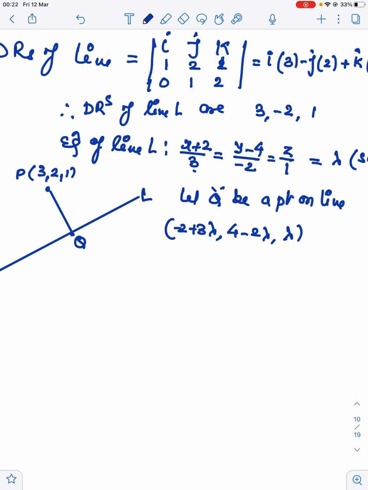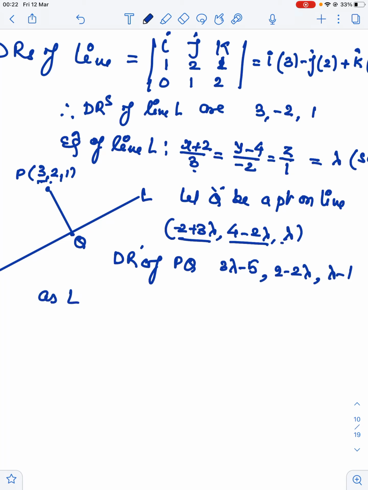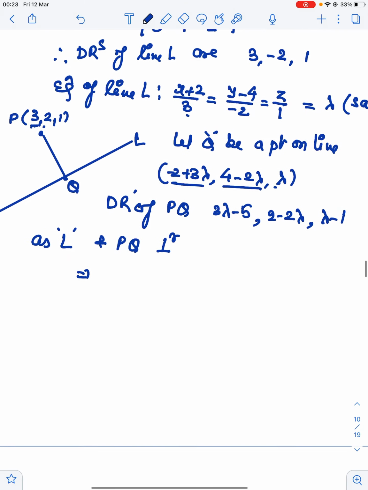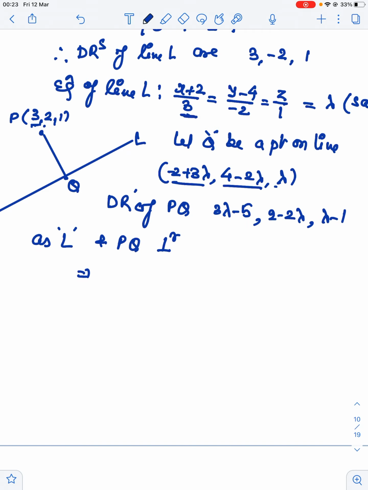Once we get the coordinates of Q, we know P, so we can get the direction ratios of PQ. Subtracting, we get 3 lambda minus 5, 4 minus 2 lambda minus 2, that is 2 minus 2 lambda, and lambda minus 1. Now as L and PQ are perpendicular, the summation of the product of their direction ratios is equal to 0.